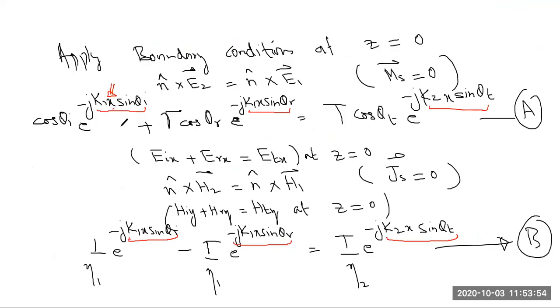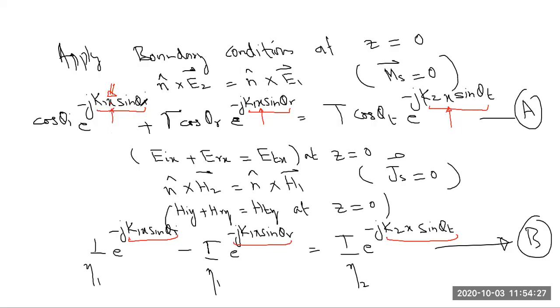So if I change x over here, I want k1 sine theta I, k1 sine theta r, and k2 sine theta t to always give me the same result, because when I change x, I change x over here, here, and here.